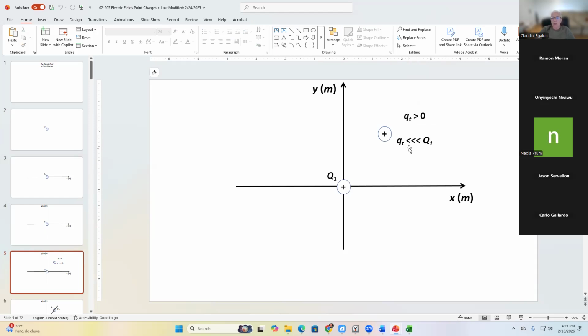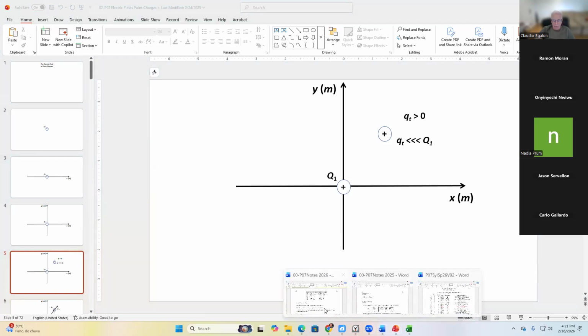Its charge value is much less than the charge value of the main charge. We need to define it this way to define the electric field. And the test charge must always be positive.